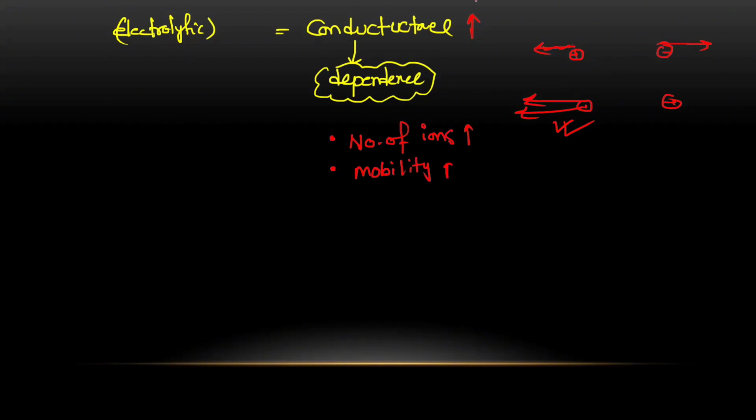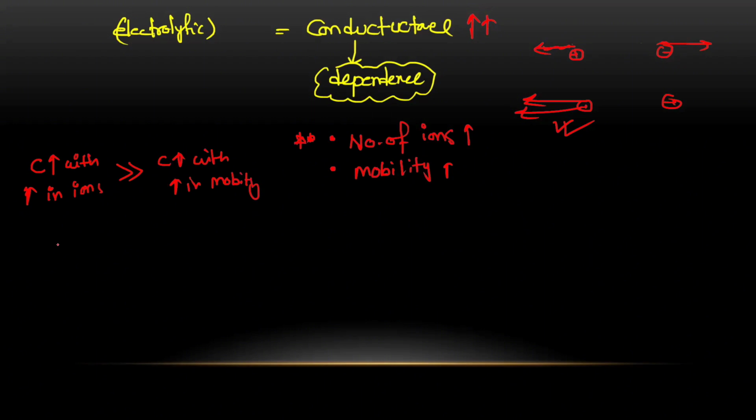So mobility high means conductance high. Both will increase conductance, but the first one is prominent. That means conductance increase with increase in ions will be much more than conductance increase with increase in mobility. So number of ions is the more prominent factor on which conductance depends.